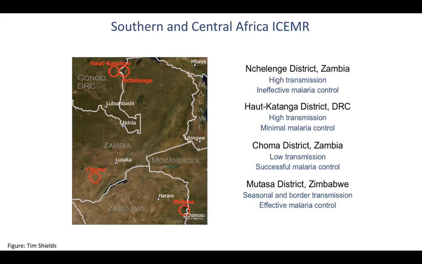As in Mozambique, Zambia has heterogeneous malaria transmission, with quite low prevalence and moving toward elimination in the southern part of the country, but very high transmission in other parts, including Chienge district in the north, and I'll talk about that. One of our other ICEMR sites is Mutasa district in eastern Zimbabwe on the border with Mozambique, and I'm going to talk about how we can leverage geospatial data to better understand cross-border malaria transmission.